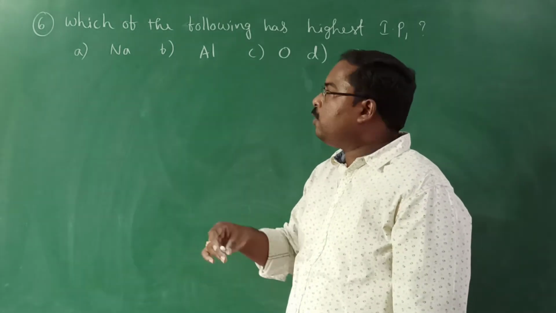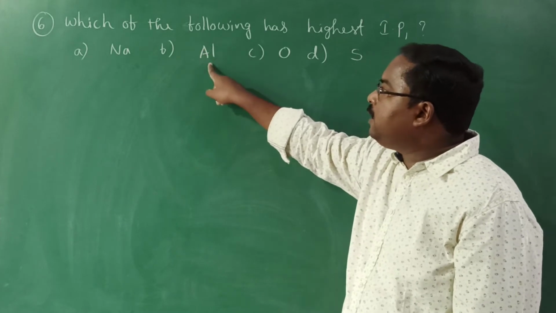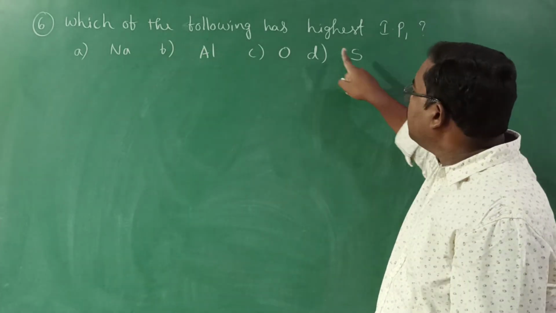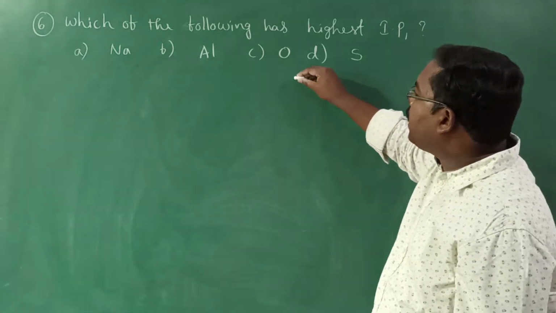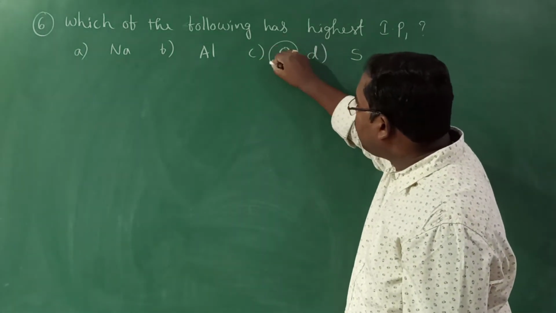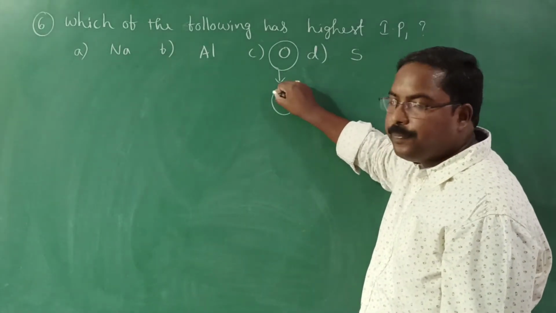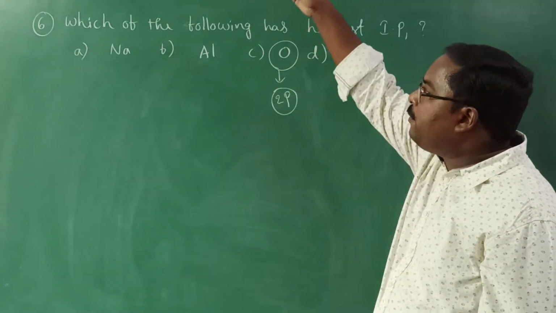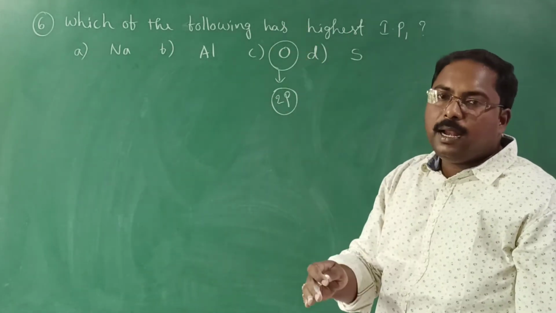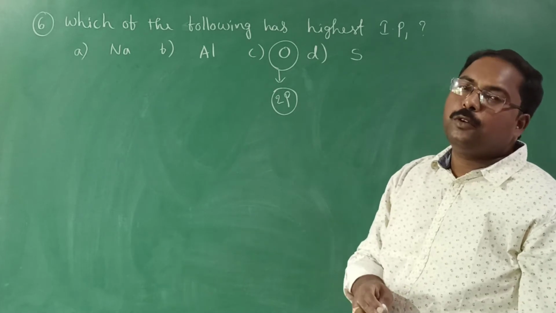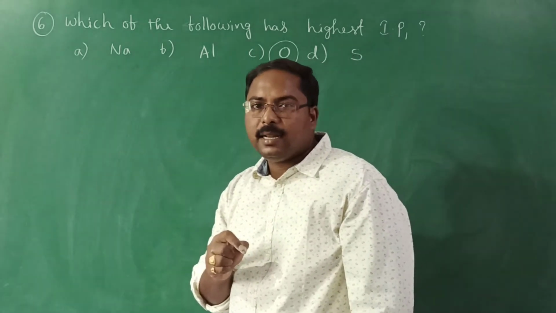If you observe the electronic configurations, sodium is 3s1, aluminium is 3s2 3p1, and sulfur is 3s2 3p4. But oxygen belongs to the second period. As we discussed already, when moving from top to bottom in a group, ionization potential values decrease.